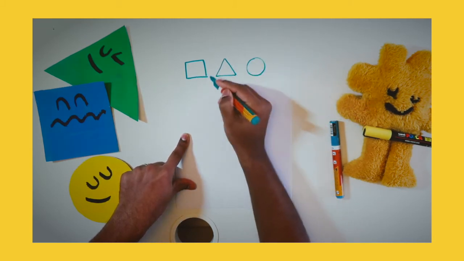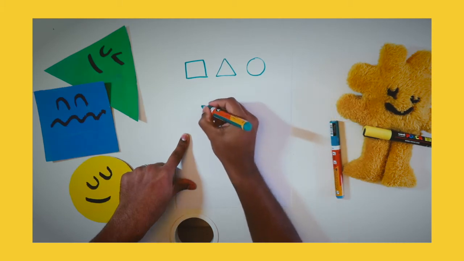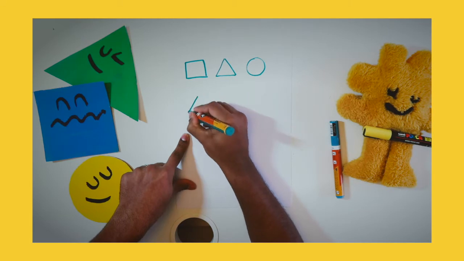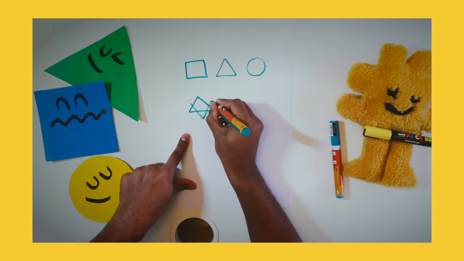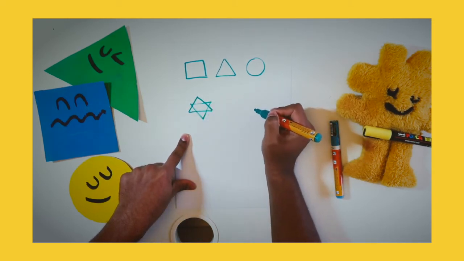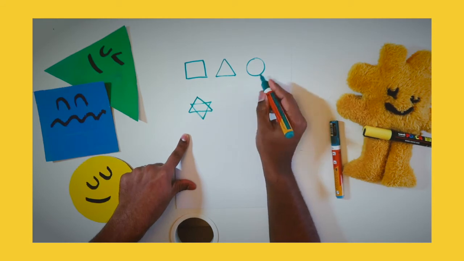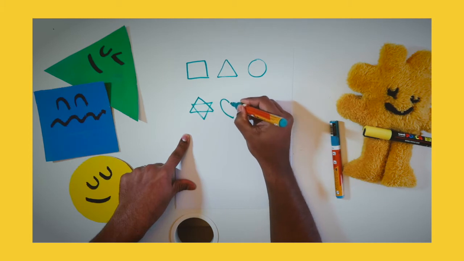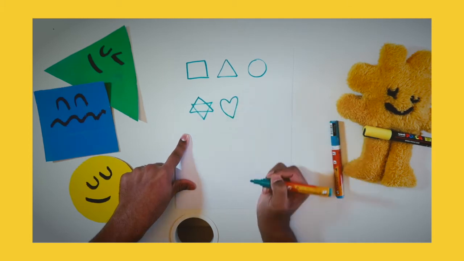Now, when you combine these different shapes together, you can create things like the star, which is made up of 2 triangles, one side up and one side down, or a heart, which is made up of the circle being stretched in 2 different ways.